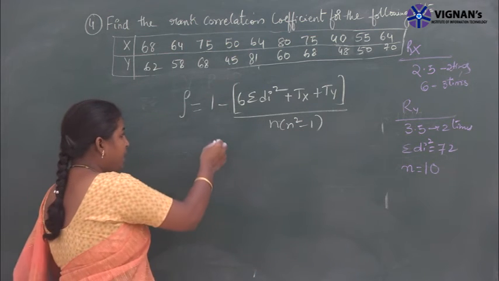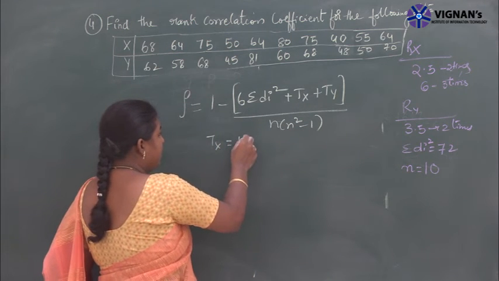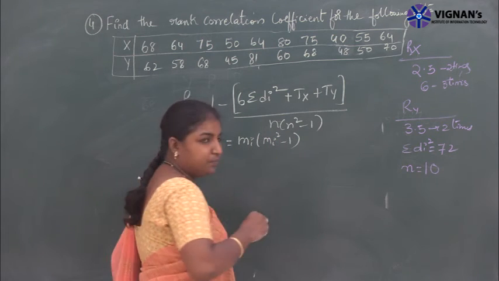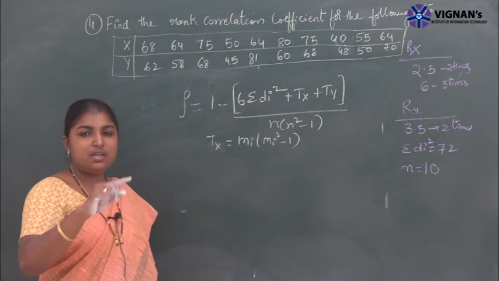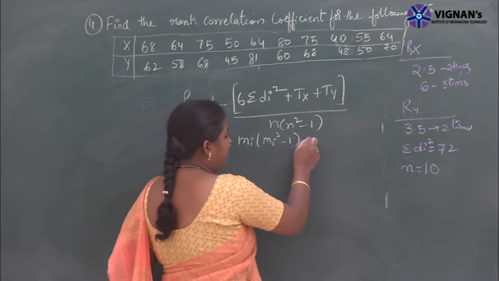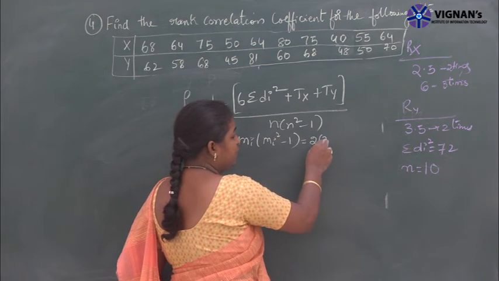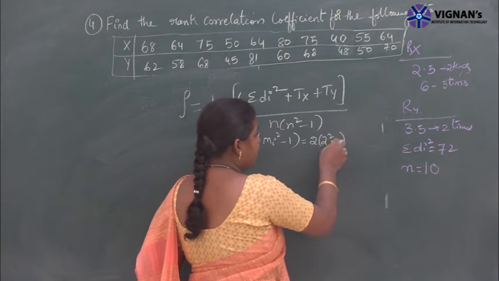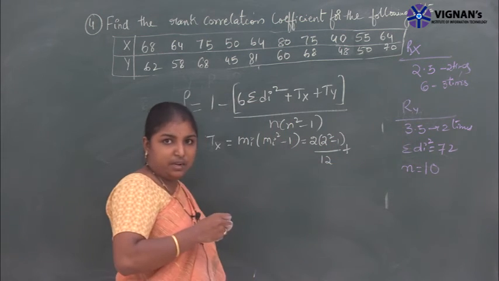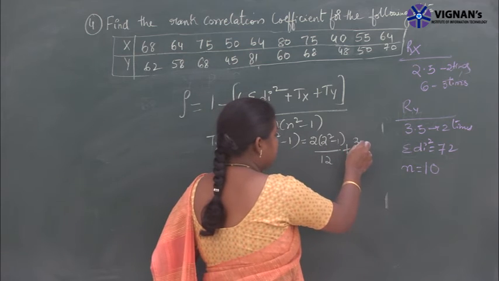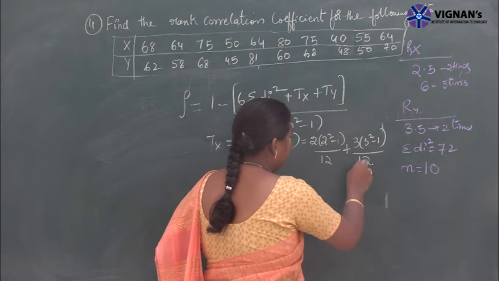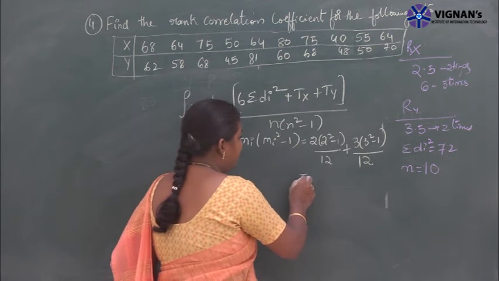Again here tx can be written as the sum of mi into mi square minus 1 by 12. In x values, 2.5 is repeated 2 times, that can be written as 2 into 2 square minus 1 by 12, plus 6 is repeated 3 times. So that can be written as 3 into 3 square minus 1 by 12. Okay. Now we are simplifying this one.